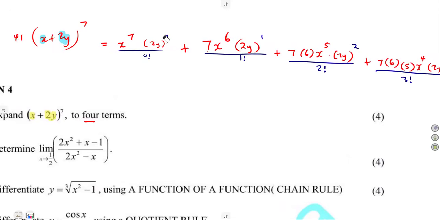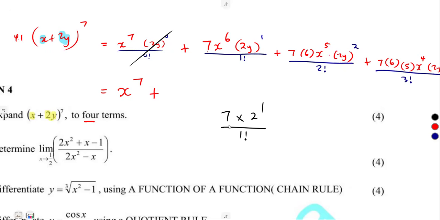Here, like I said, this first part is actually useless because it's raised to the exponent of 0, so you can even just ignore it. So x to the exponent of 7, plus, let's simplify here. This is going to be just 7 times 2 to the exponent of 1 over 1 factorial.